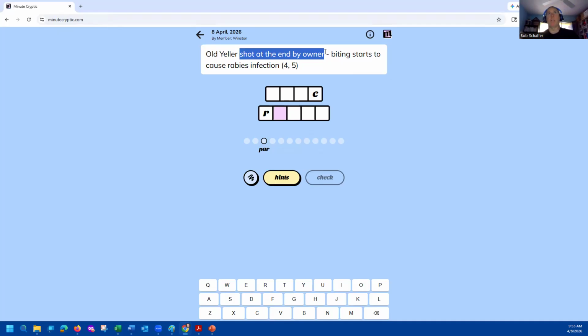Or, all right, let's try this. Just the starts to cause and rabies. So if old yeller shot at the end by owner bit the starts to cause and rabies.